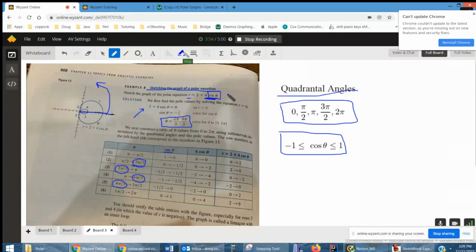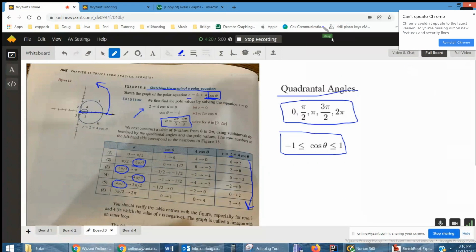That's the biggest that r can get. So in the first quadrant, from 0 to pi over 2, cosine of theta goes from 1 to 0. 4 times that takes you from 4 to 0. And then if you add on the 2 at the start, you can see that r goes from 6 to 2. I'm not going to go through the rest of these. You can pause the video and take a look at what happens there.